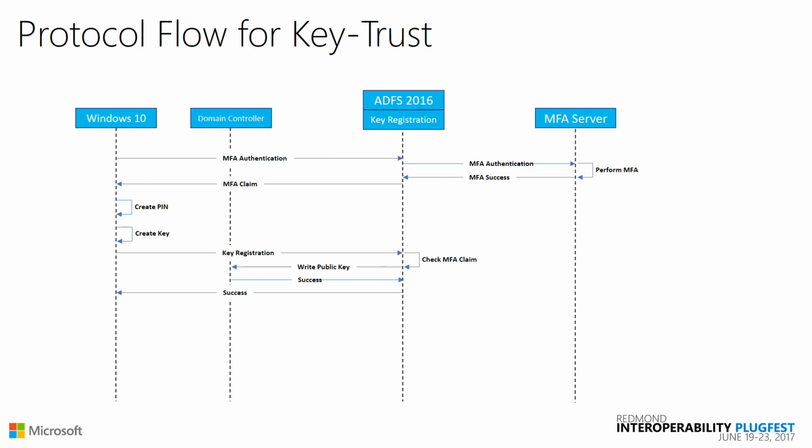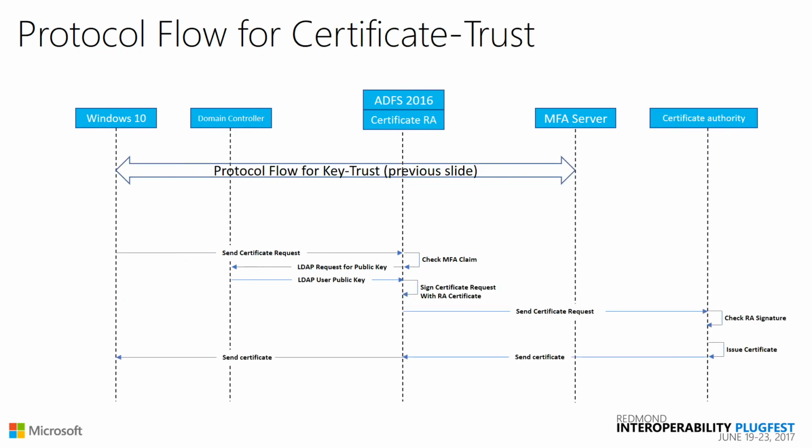Now let's see how certificate provisioning works. I mentioned that certificate trust and key trust are very similar in the sense that both use a public and private key. So all the steps that we did in the previous slide will happen, but with certificate trust, Windows 10 will now send a certificate request to a component of ADFS called the certificate registration agent.